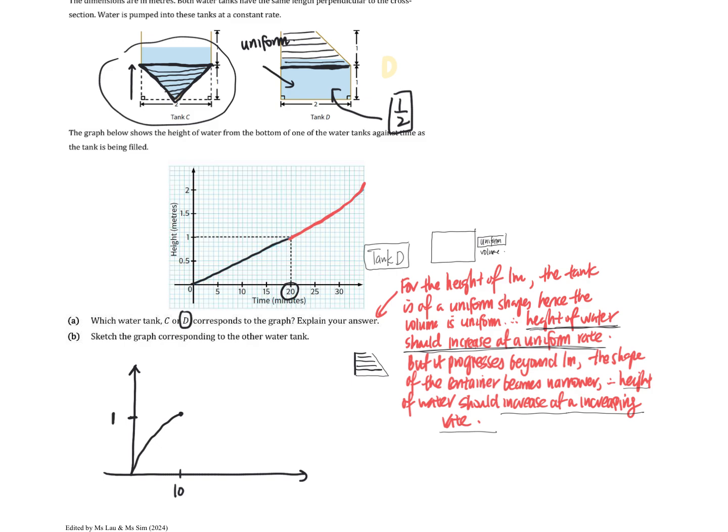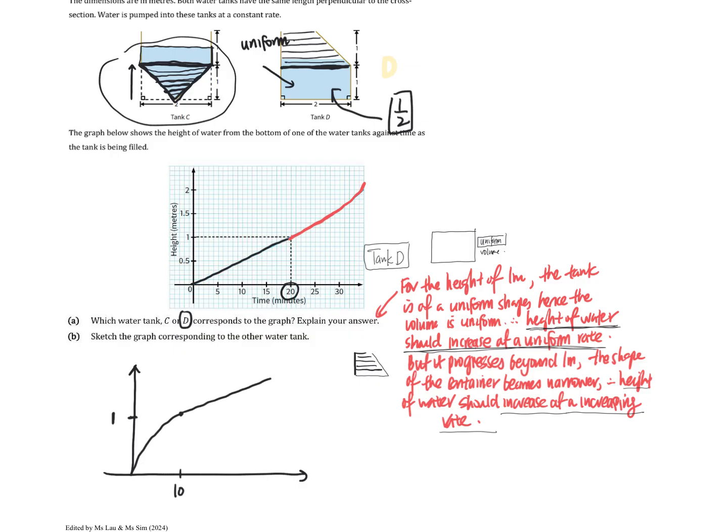Okay, and then the last portion here, it is increasing uniformly. So you should see a straight line. Decreasing rate because if you go up, you need to start filling up a larger volume so it slows down. Okay, and then the last portion, we don't know when it ends, but we know that eventually it should straighten.